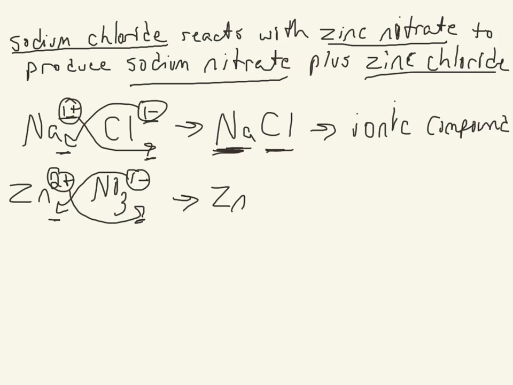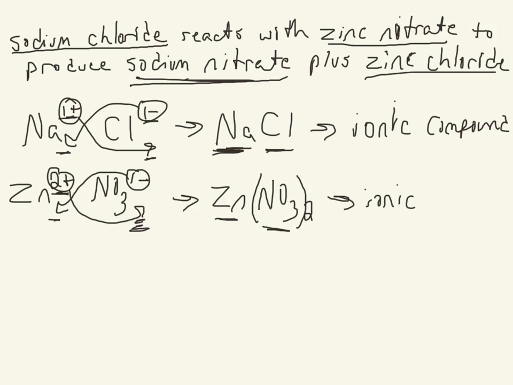You don't have to write the 1 from the NO3. So we have NO3, and we take that 2 and put it down here as a subscript. But we don't want 32 oxygens, we want 2 NO3s, so that's where we put the brackets around. So now we have Zn(NO3)2. We have a metal, zinc, and a polyatomic ion, which is nonmetals together, and that gives us an ionic compound again.